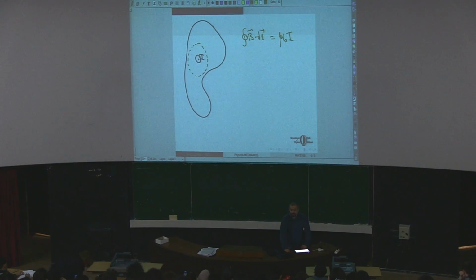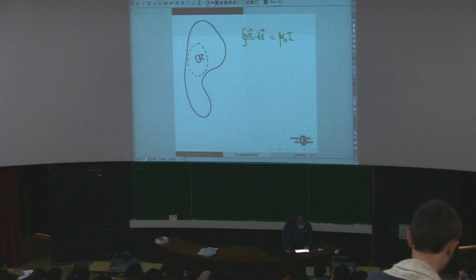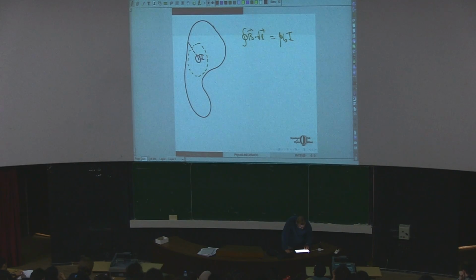Now let's take a very small segment of both of them, and let's choose them such that they see the same angle. Here we have, let's say, dl1. Here we have dl2. Here the magnetic field is in this direction, B1. Here the magnetic field is in this direction, B2.